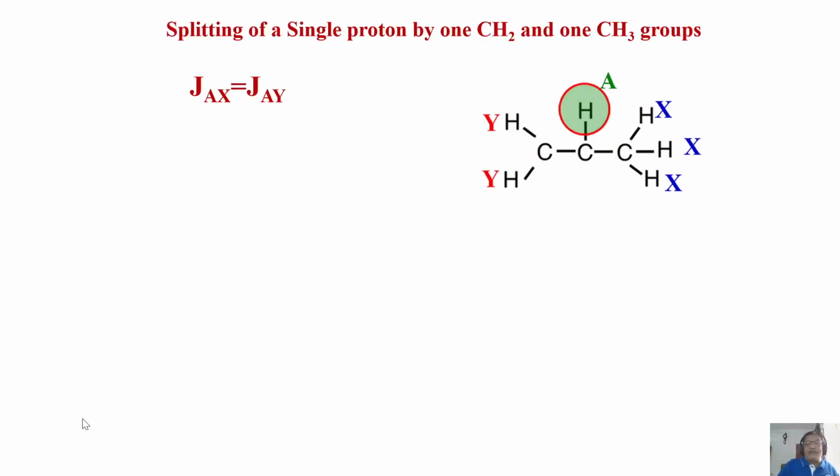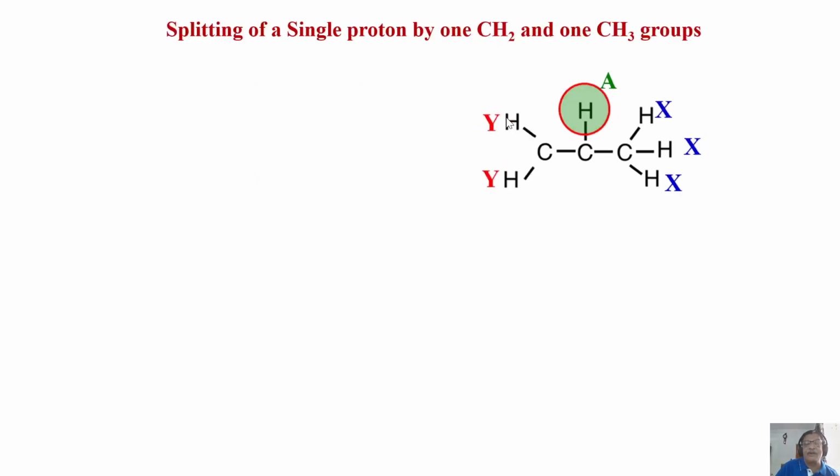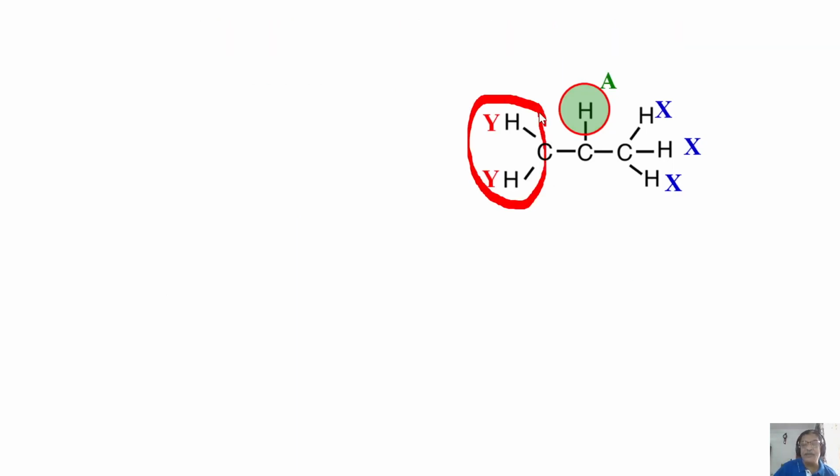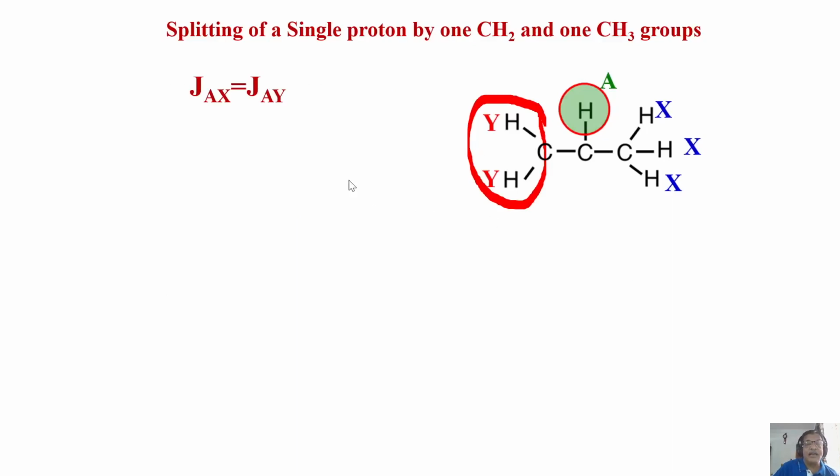Now, if you will consider another situation, here we had a CH before in the previous molecule, you see. Now I will introduce, instead of CH, I will make this a CH2. Remember, here it was CH, now I am going to make it CH2. Again, JAX equal to JAY.